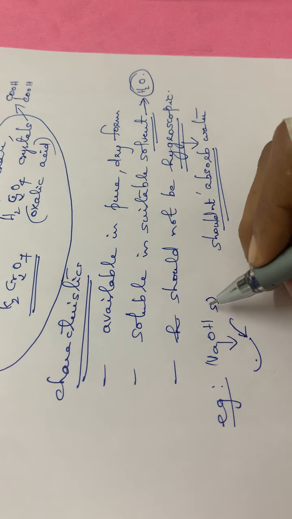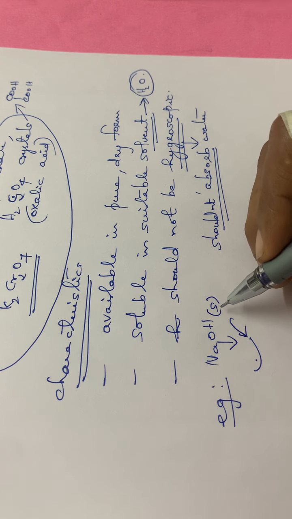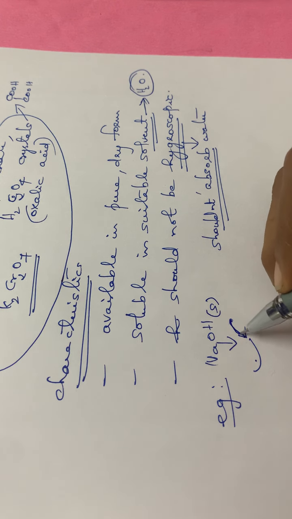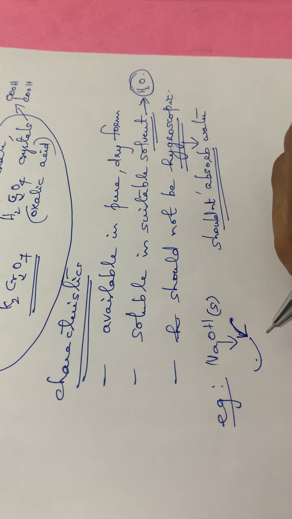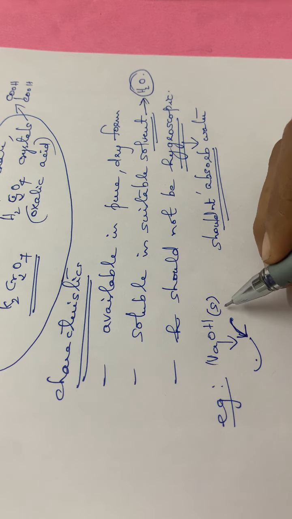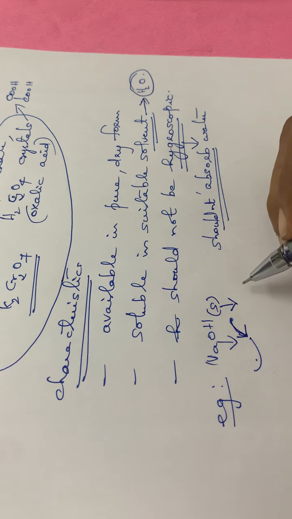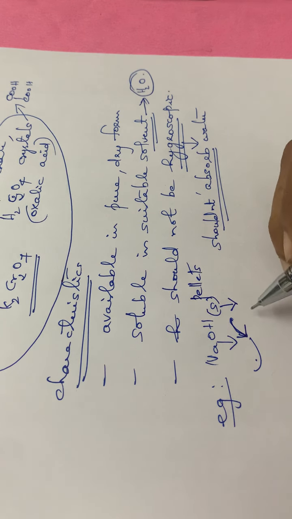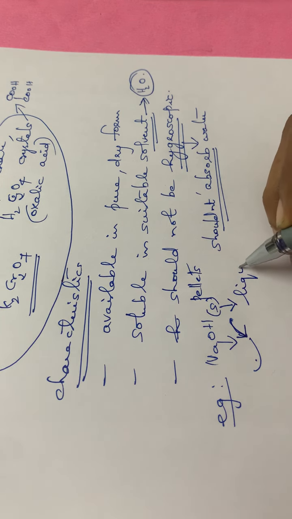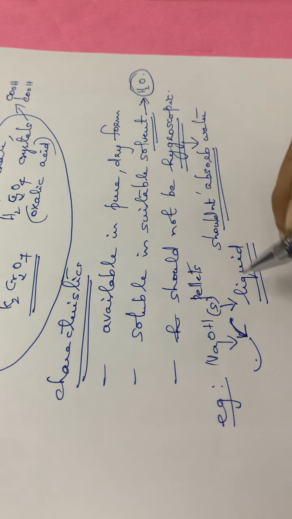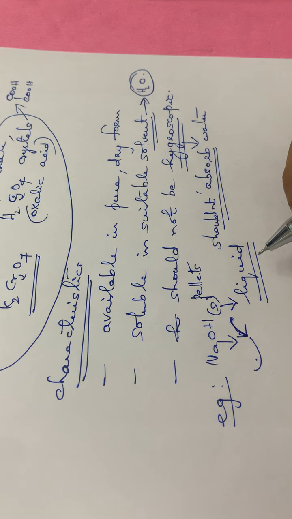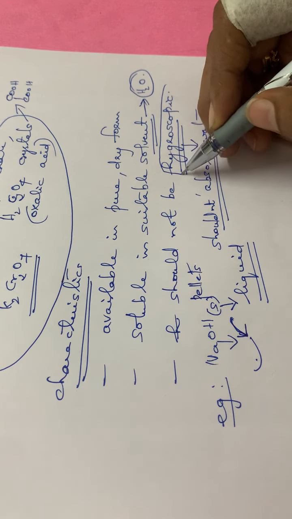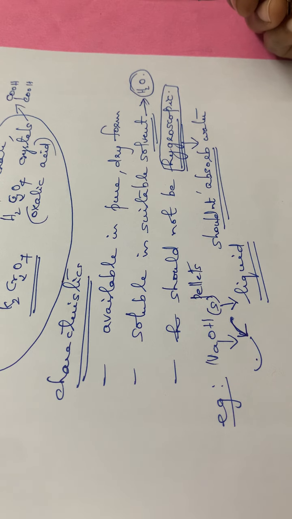The pellets are solid, but if kept in an open space they are converted to liquid form. That means it absorbs moisture from the surroundings and is converted to a saturated form, a liquid. That property of chemical substances is called the hygroscopic nature.